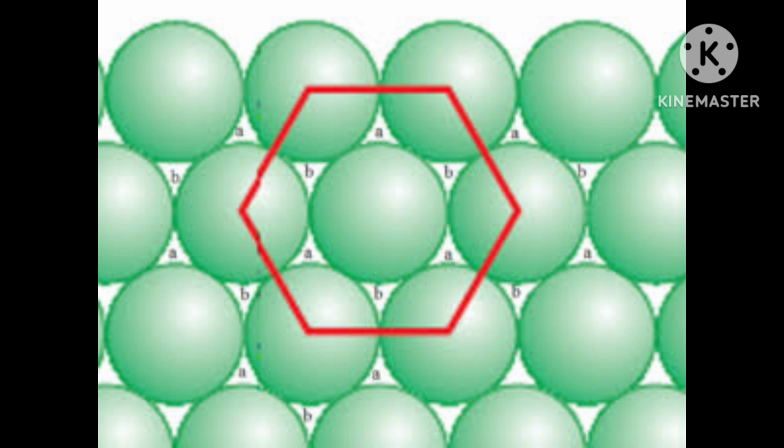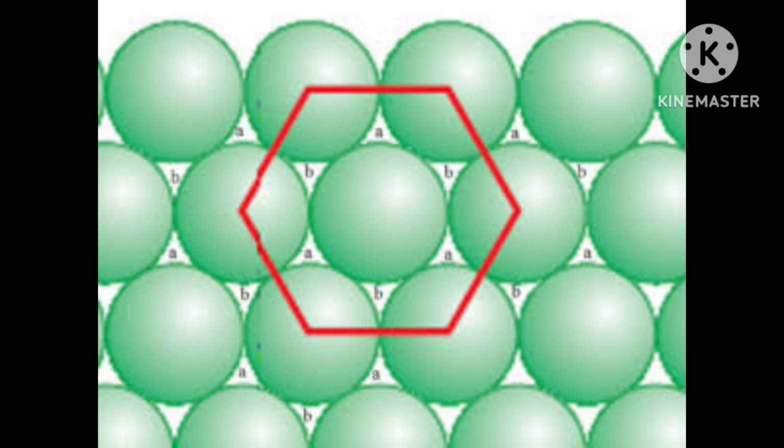Third row, fourth row, all are touching, all are adjacent. Then in the middle gap you get the middle one. That is called A type. First row A type, second row A type, third row A type, fourth the same way, all rows adjacent and all touching each other. In that way you get square close packing, because there is one in the middle and 4 surrounding it.